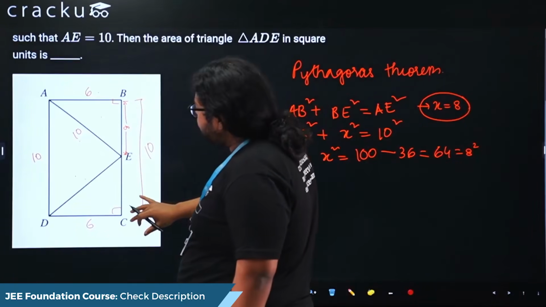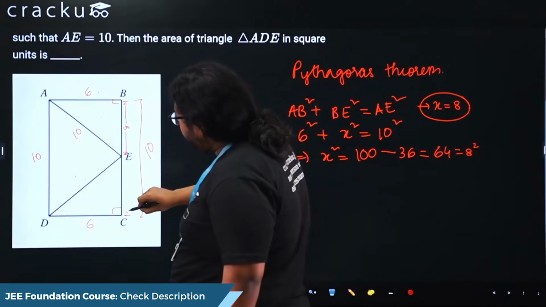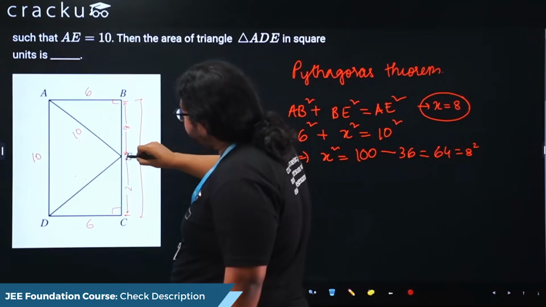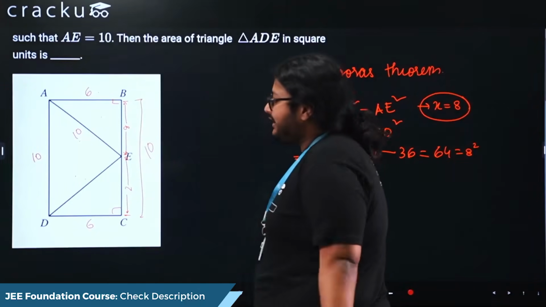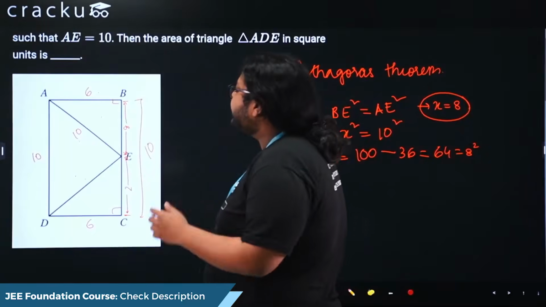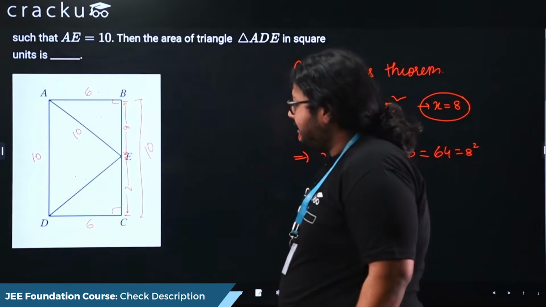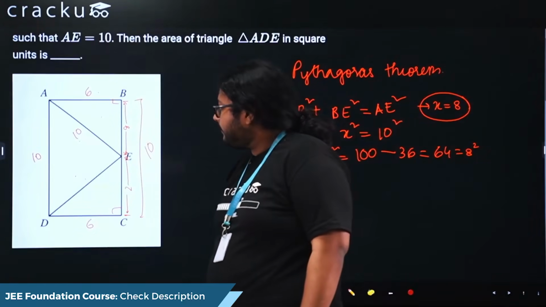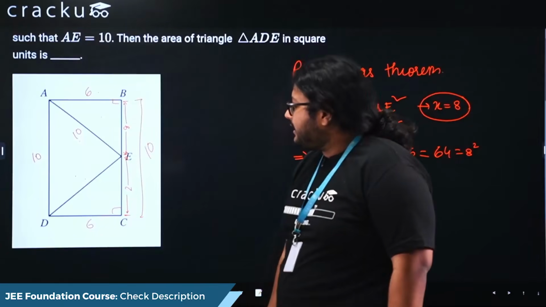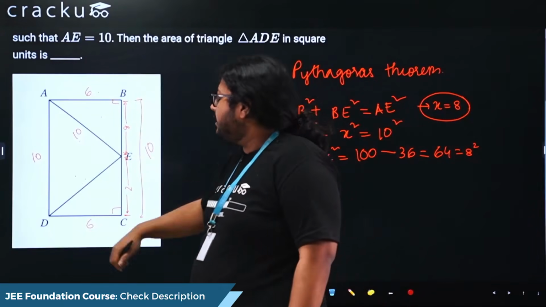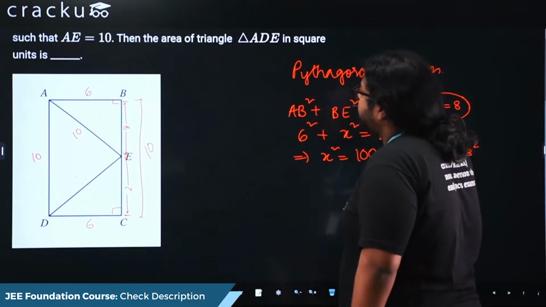If the whole thing is 10 and this is 8, that means what? This has to be 2. Figure is obviously not to scale, right? So this has to be 2. Now if this is 2, again I don't really need the Pythagorean triplet to find this because I can just solve for it.